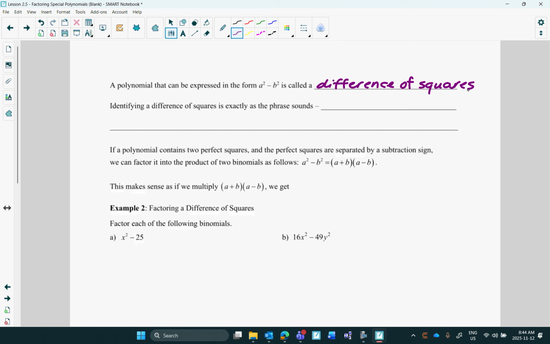And what does it look like? It's not a trinomial, it's two terms. Always a subtraction sign between them, because difference means subtract. And these are perfect squares, the two terms, which means you can write them as something else times itself.